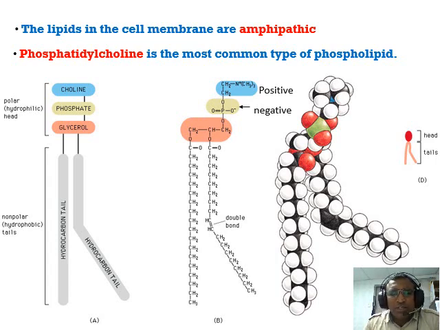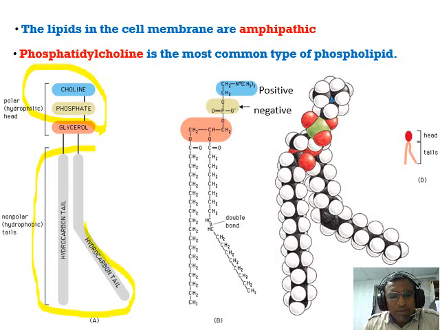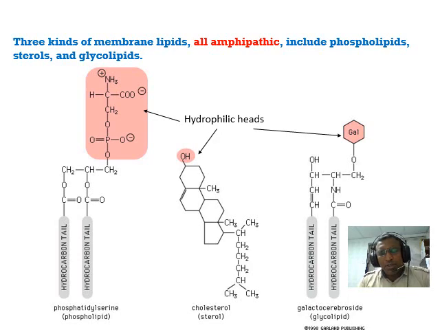The amphipathic structure basically has the charged group, or they call it the head, and then you have the tail that does not like water, while the head, because it has charges or it has a lot of OH groups, likes water. So head and tail.